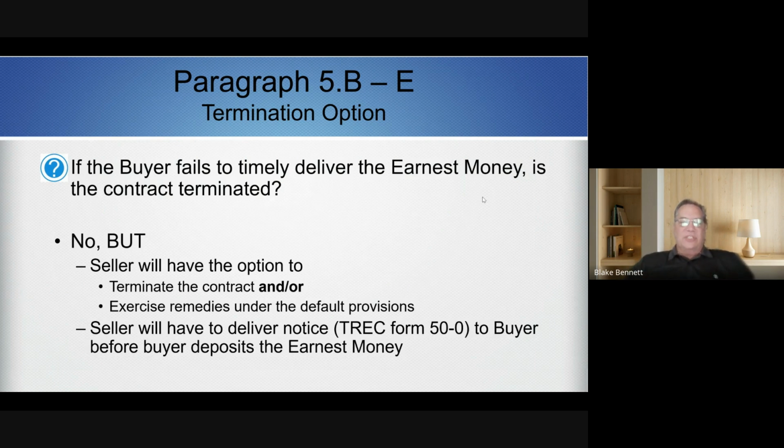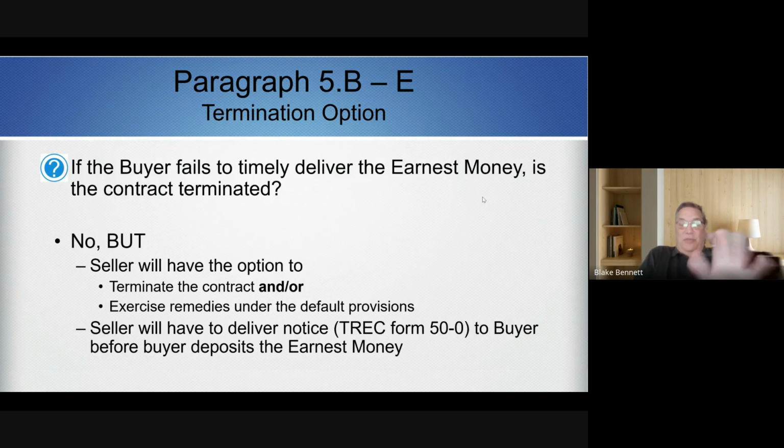In order for seller to terminate, seller's going to have to get TREC form 50-0 to buyer before buyer gets the earnest money in. Let's say that buyer is 30 days late and seller's been trying to get the termination notice to buyer, but buyer's been dodging that notice.